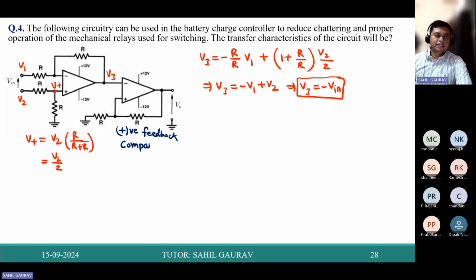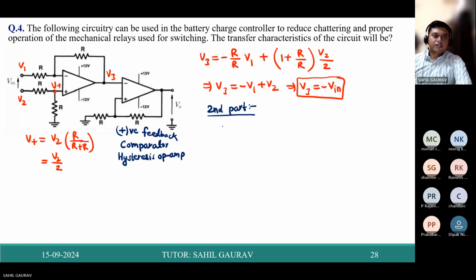So it acts as a comparator. So how do you make the output of the comparator? The output of this comparator will give hysteresis. So it is a hysteresis op-amp.